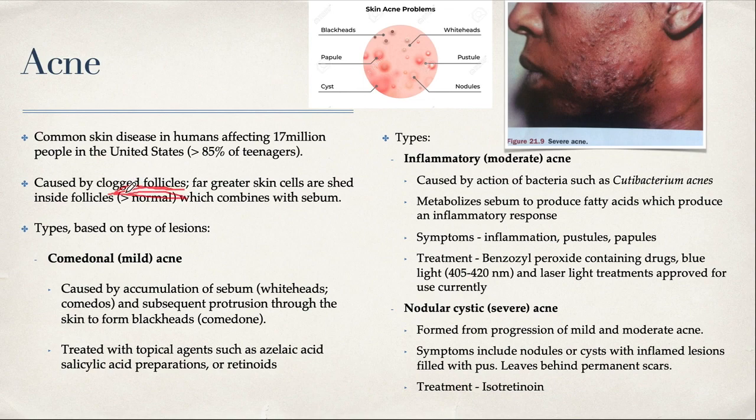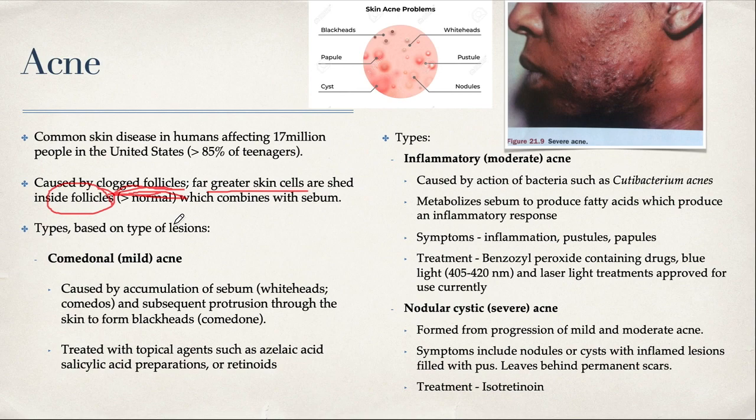So the hair follicles become clogged, and what happens then is that far more skin cells are shed inside the follicles than normal. And when this is combined with the sebum, or the oils that are produced by the sebaceous gland, then it causes the acne.